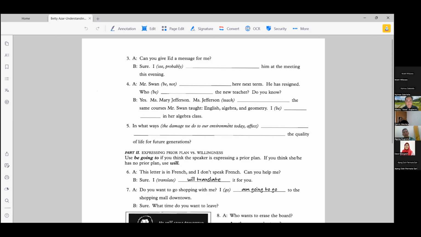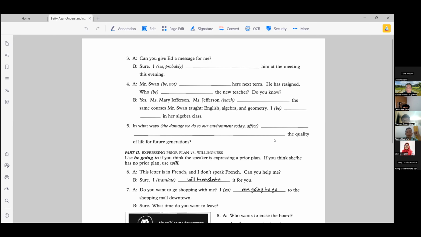Mukti, yes. Pak Mukti, go on. "In what ways will the damage we do to our environment today affect the quality of life for future generations?" Right.